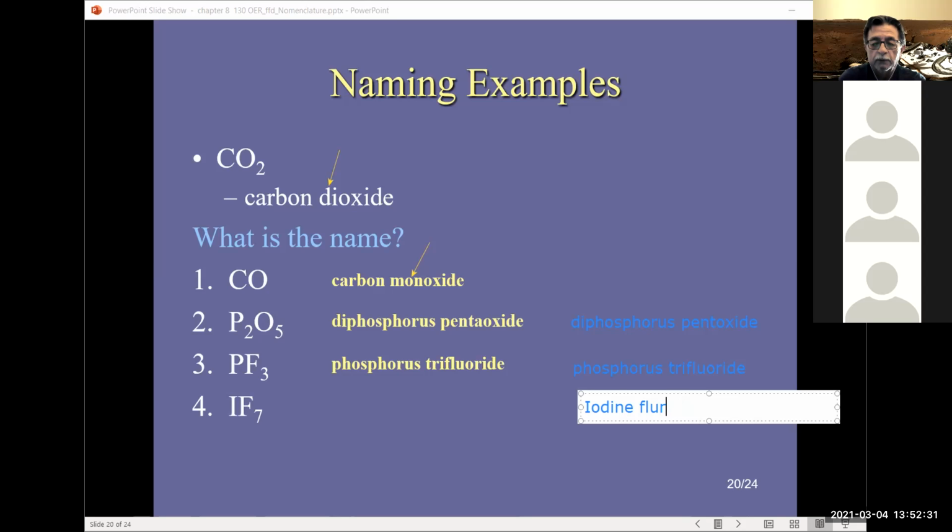I don't know how to spell. Okay, so there's our parent name, iodine and fluoride. The IDE tells you that the fluorides are bonded to the iodine. We have 7 of them, and so that is heptafluoride.